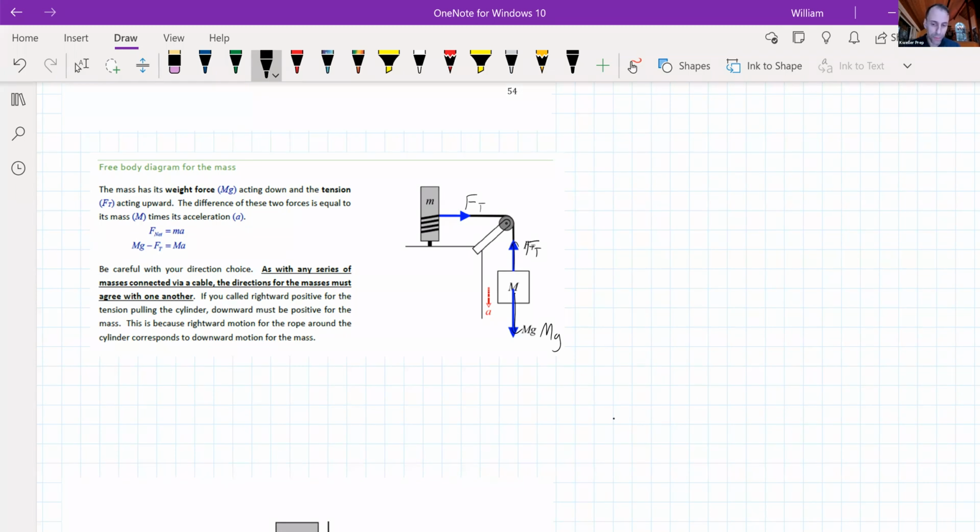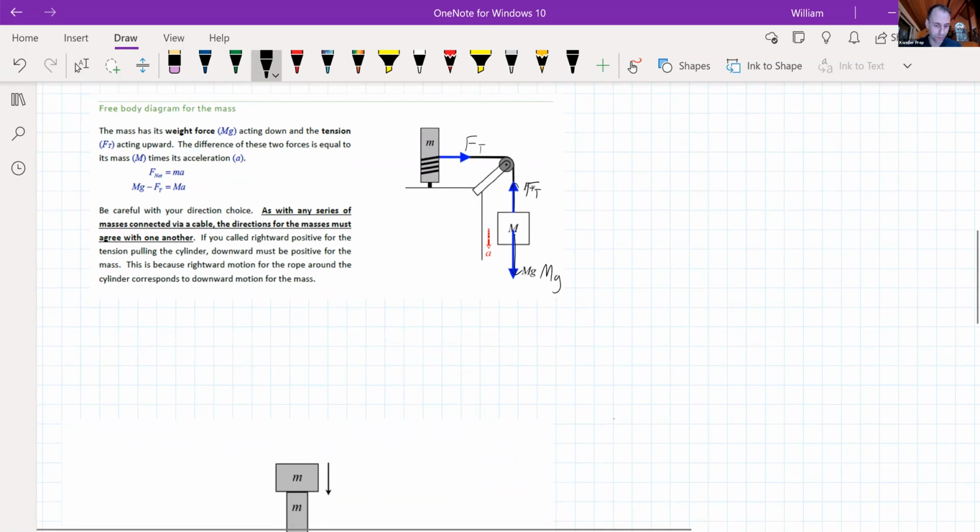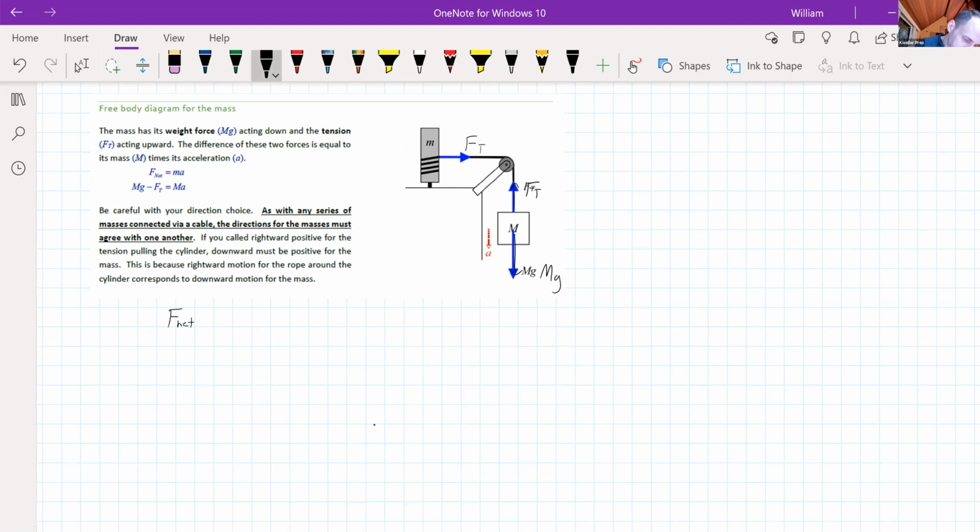So for the free body diagram for the mass, as I illustrate here, you have the net force, F net, and I'll write it out in addition to having it illustrated there. F net is equal to ma, and we're going to call downwards the positive direction.